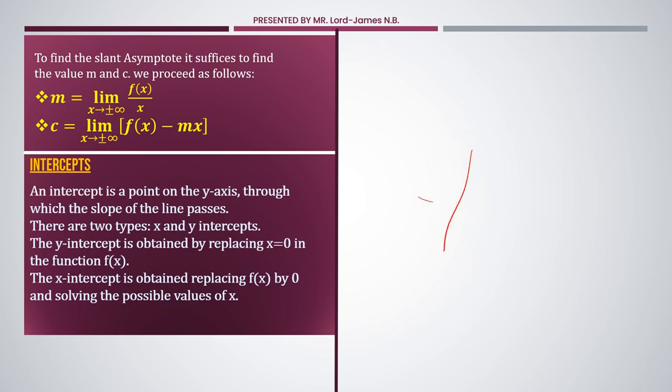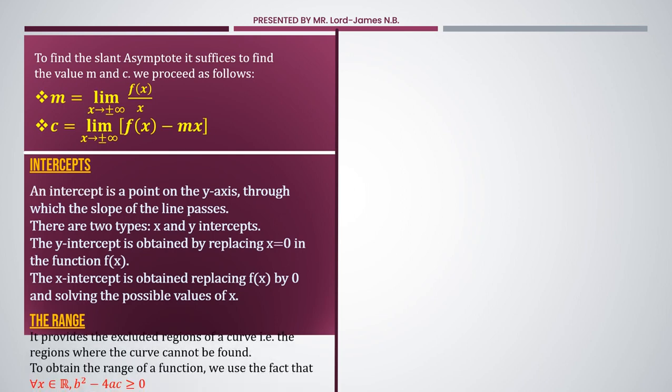If, for example, 4 is our intercept, it means that at a certain point our curve is going to cut the point 4, something like this. And let's say this is another intercept, say -3, then the curve is going to cut the axis at that point. So that's the meaning of an intercept.